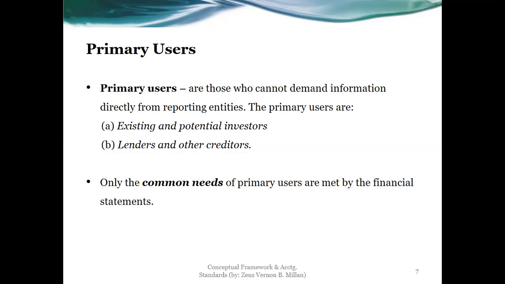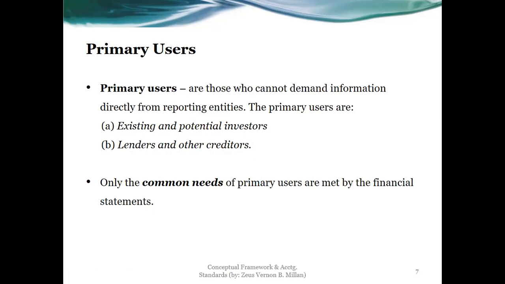Examples are existing and potential investors who will provide capital or funds or resources to the business, as well as the lenders and other creditors, which are the liability claimants, or they have claims to the resources of the business. For letter A, they are equity holders. They provide resources in the form of shares, for example, for the corporation or stocks. But letter B, they're also holders, but for the liabilities.